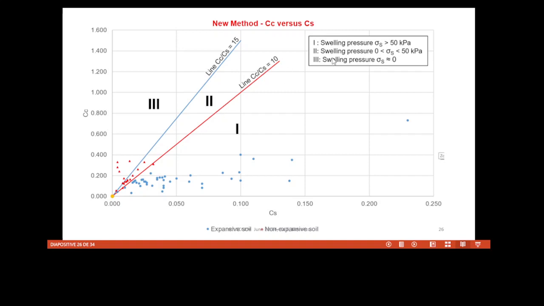So we can say that when the swelling pressure is greater than 50 kPa, we have an expansive soil, and we can consider in the range 0 to 50 kPa this zone, and the third one is the one for which really the swelling pressure is 0.